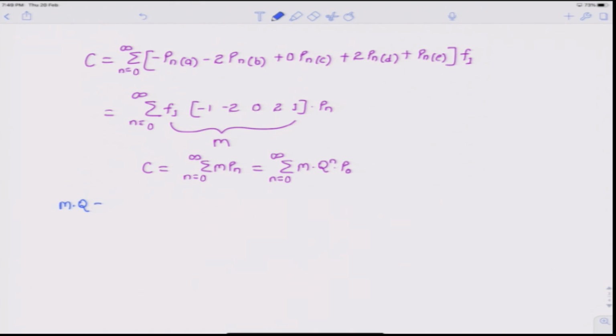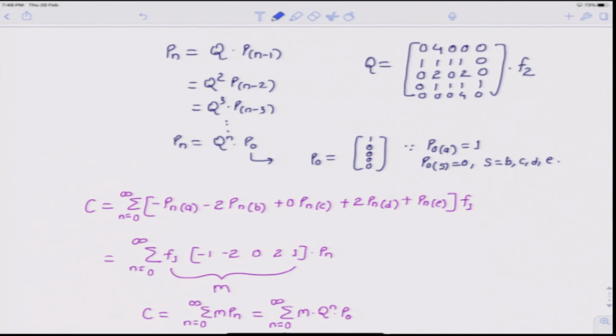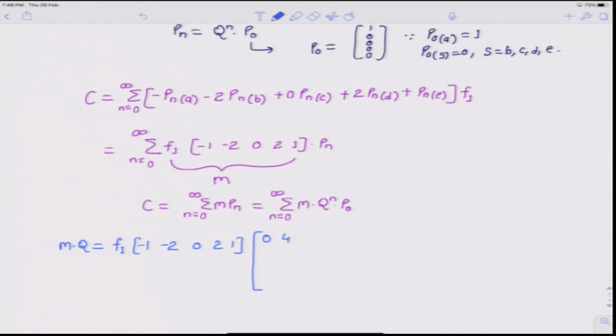M times q. We know M is equal to F1 times minus 1, minus 2, 0, 2, 1 and q is nothing but the matrix 0 4 0 0 0, 0 4 0 0 0, 1 1 1 1 0, 0 2 0 2 0, 0 1 1 1 1, 0 0 0 4 0, times F2.